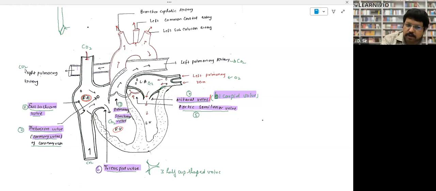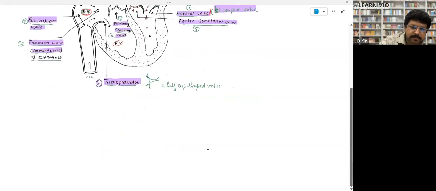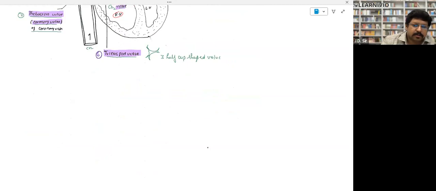Okay. So let me make it clear again. Look, Rabia. Try to understand. The heart itself requires oxygen. Why? It requires oxygenated blood.